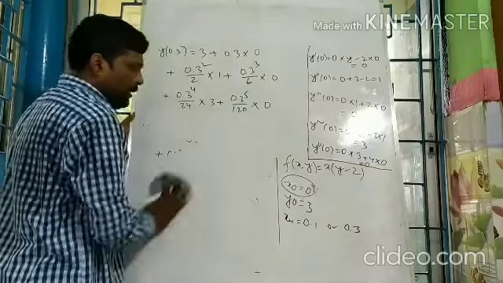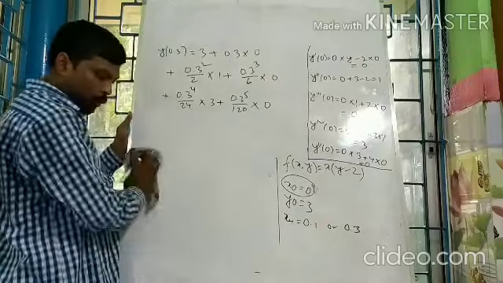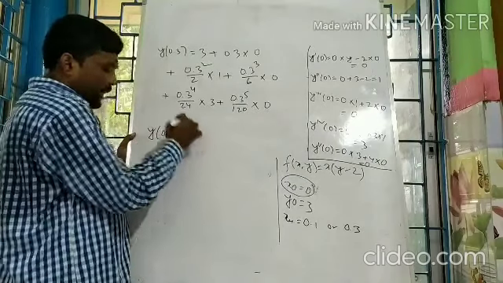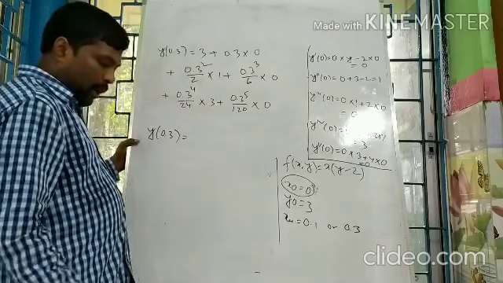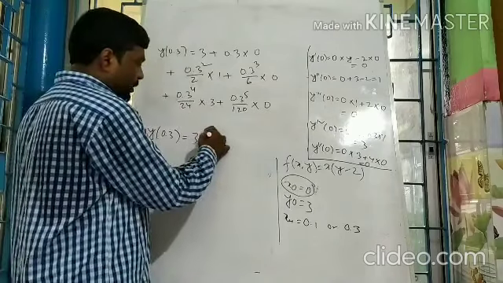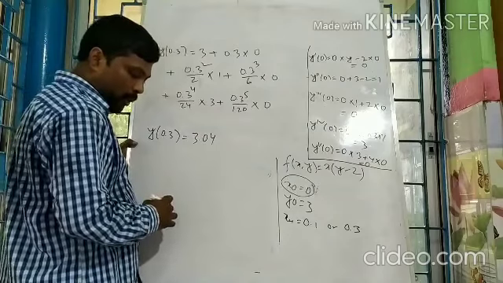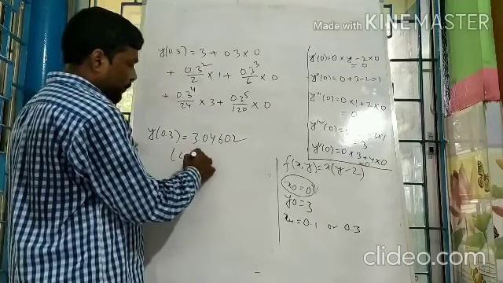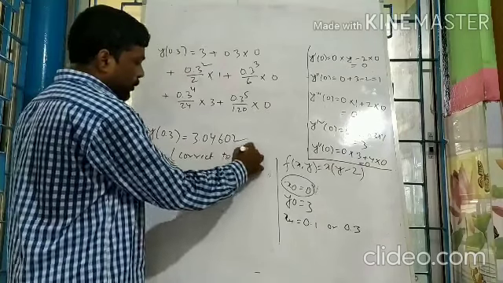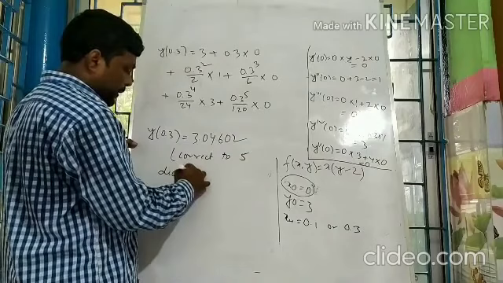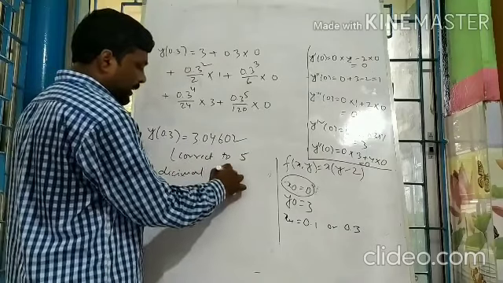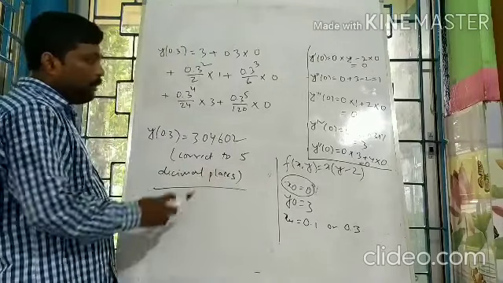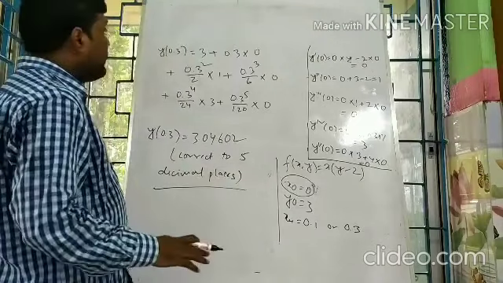Just simplify this expression. So y(0.3) equals 3.04602, correct to 5 decimal places by the Taylor series method.